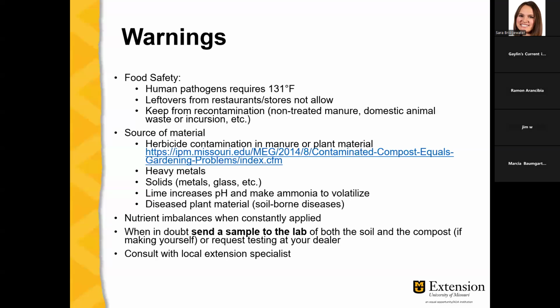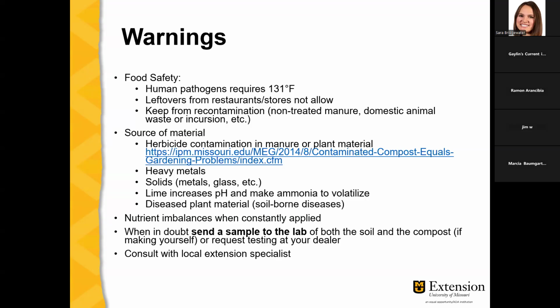So the food safety rules do not allow leftovers from restaurants and stores either, because leftovers may have been touched or put in the mouth by people that you don't know, people that could have been sick. So the food safety rules do not allow using food leftovers.